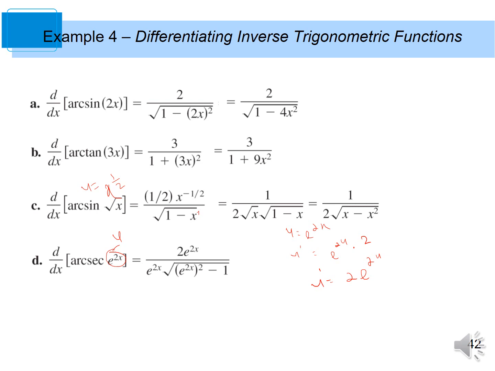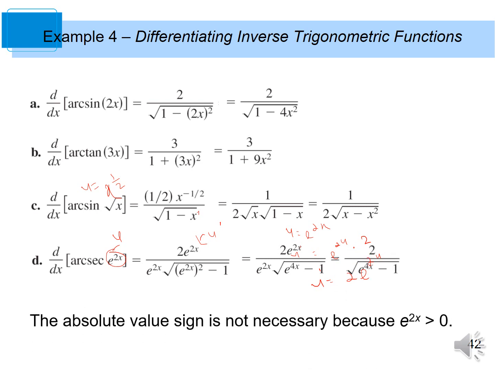That's why we have 2 e to the 2u here, over modulus of u times radical u squared minus 1. And we simplify our answer. The absolute value sign, the modulus sign here, is not necessary because e to the x is greater than 0.